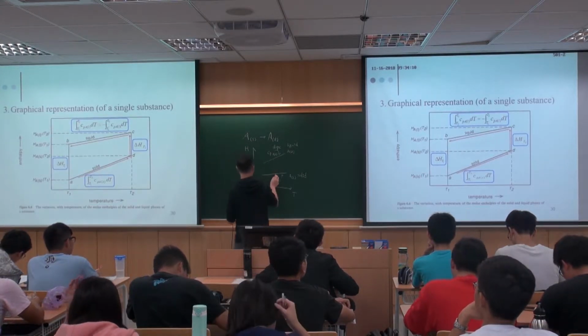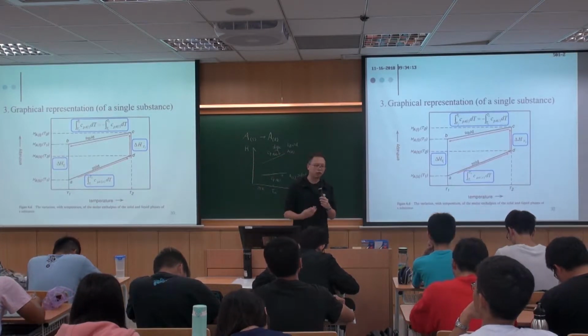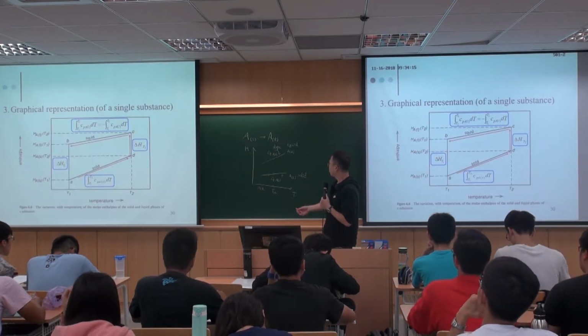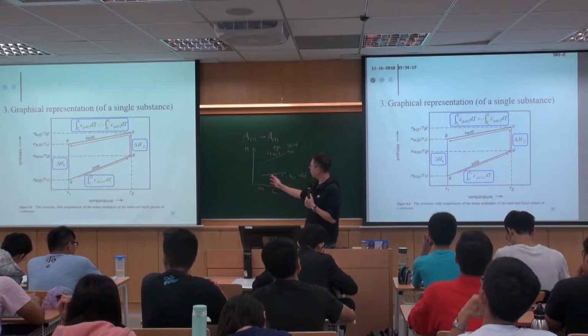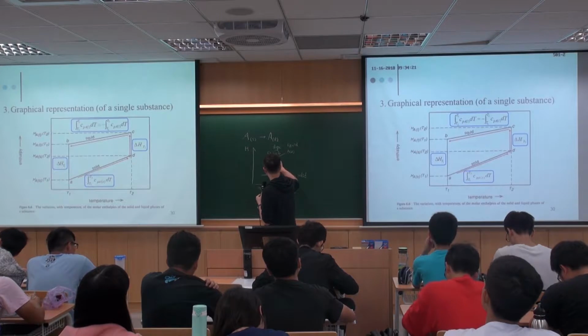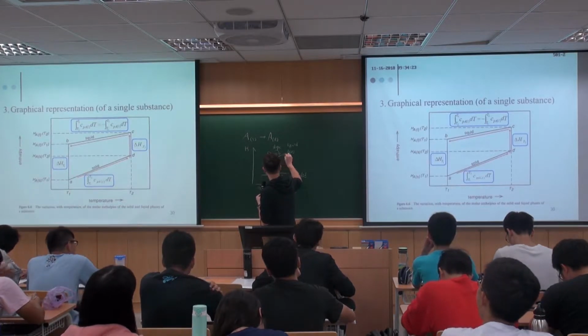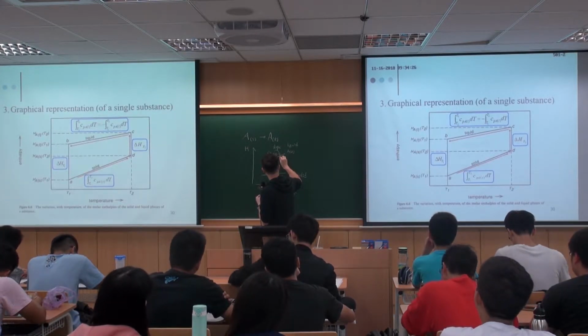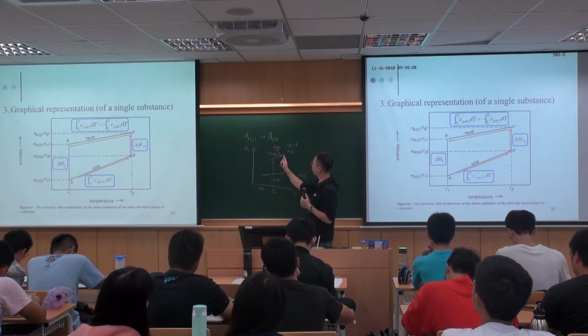It will go through this solid line because at low temperature it is solid, right? But when the material is at this point, at the melting temperature, it will become liquid phase. So it will go up and then follow this line.